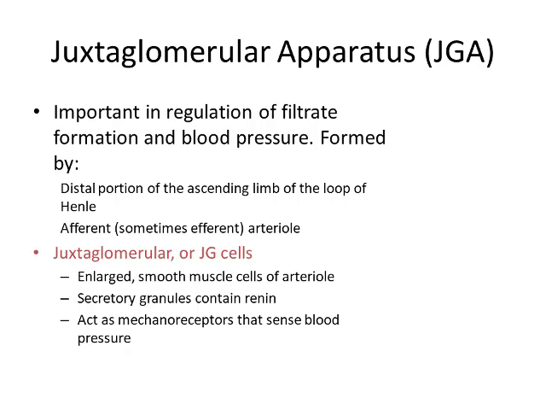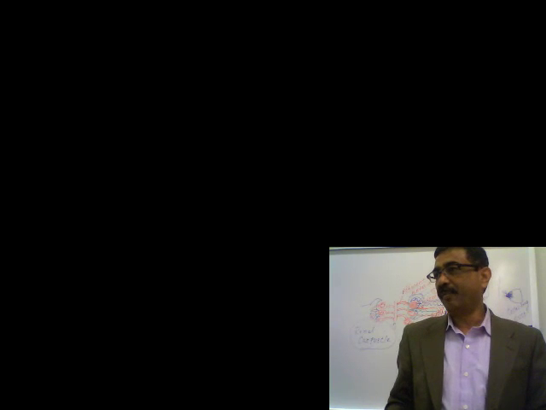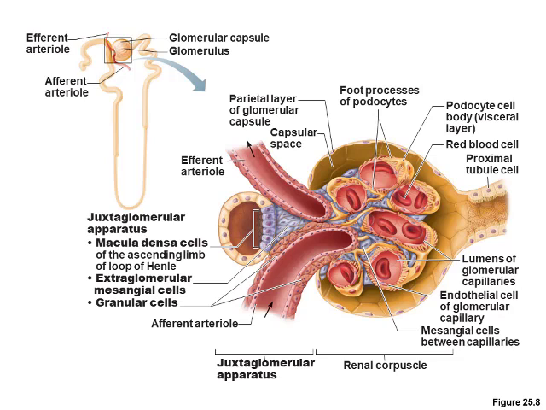So renin that regulates the blood pressure is produced in the juxtaglomerular apparatus in this part of the kidney. So we'll see how the juxtaglomerular apparatus looks like and from where the renin comes.